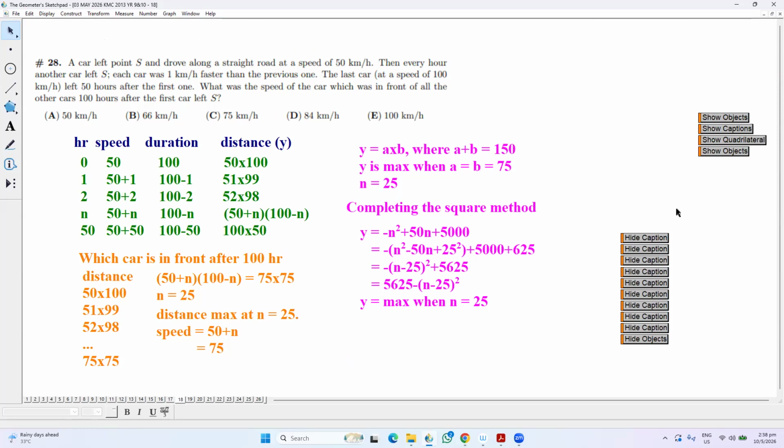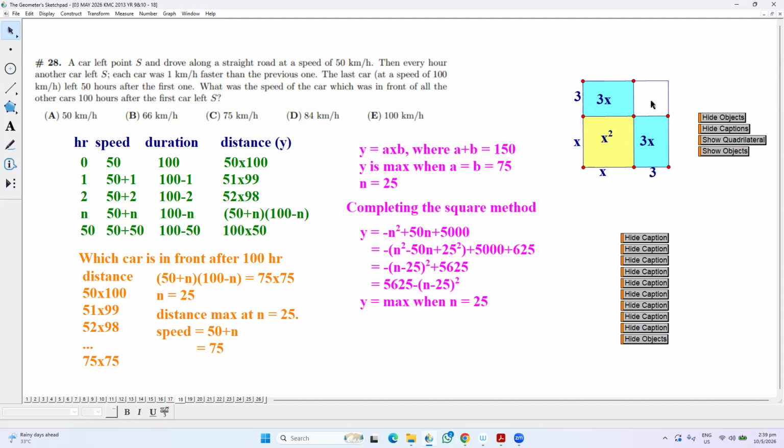So complete the square. Why is it called complete the square? We show, if we got x square and 6x, then we draw a square. So x square, 3x and 3x. Then how to make it a perfect square?